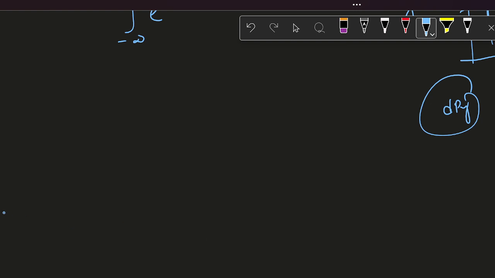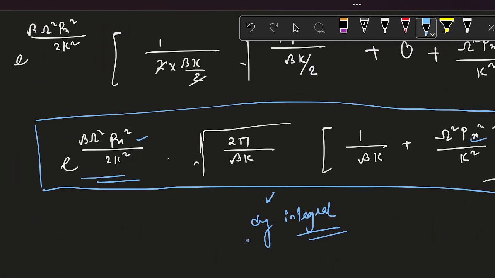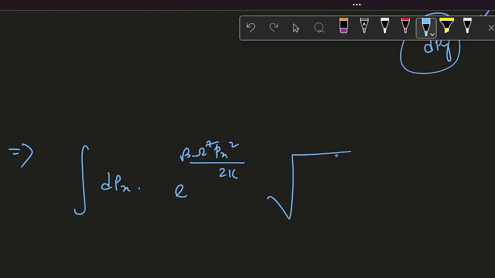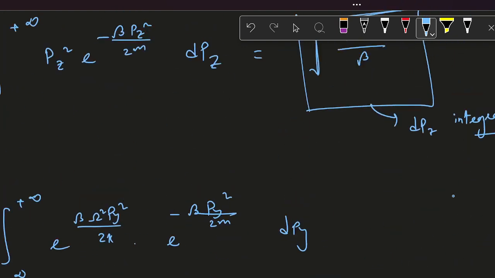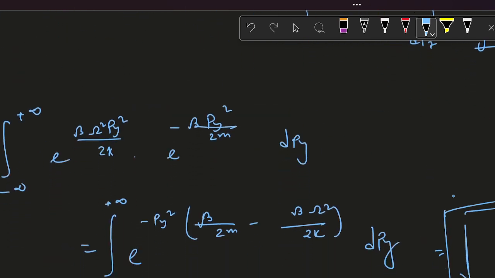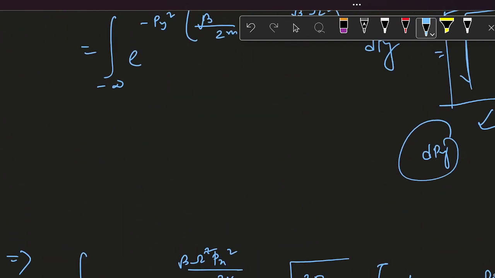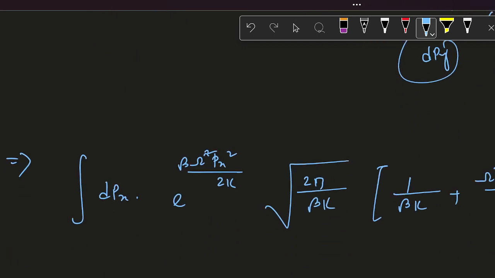For the px integral, you know that this is dpx, e to the power beta omega squared px squared by twice k, into root over 2 pi by beta k, into 1 by beta k plus omega squared px squared by k squared, and alongside you also have minus beta px squared by twice m. This is your whole px dependence in the integral.